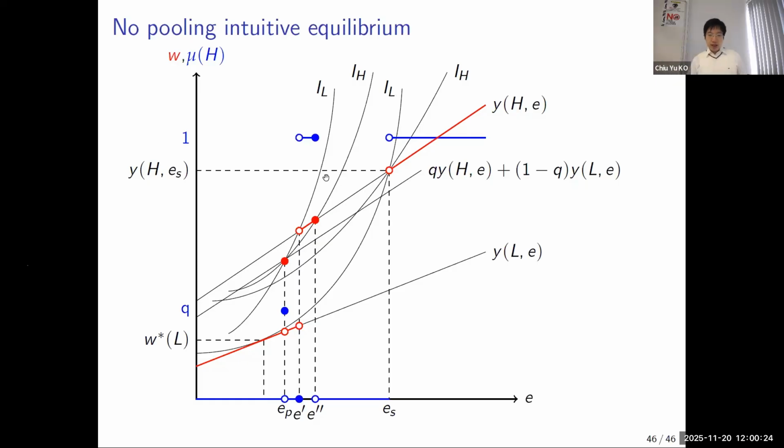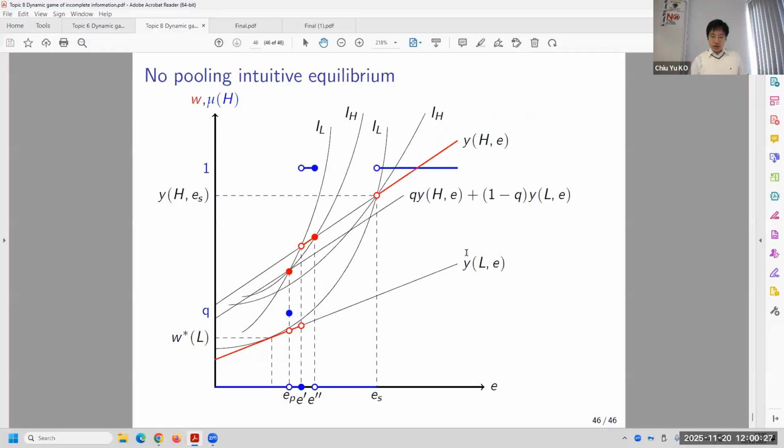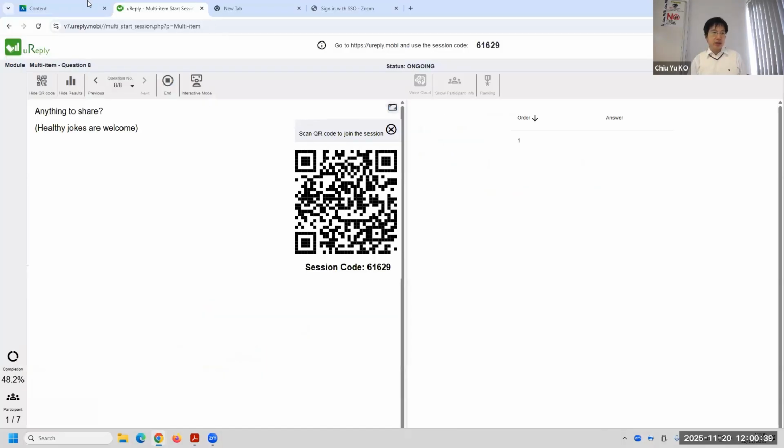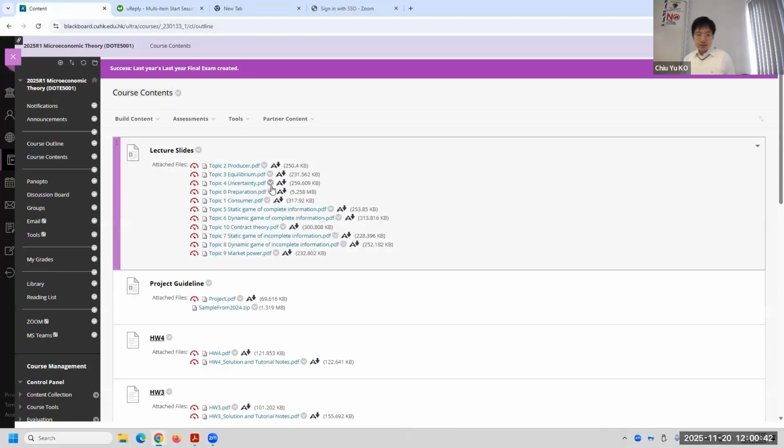For the last minute in this class, I have no minutes left, but I'll still take one minute from you. Just to summarize quickly, we covered 8 main topics. The first 4 topics are standard microeconomics: look at the market, the consumer, the producer, how to derive individual demand and market demand, how to derive the supply function, and how to look at general equilibrium.